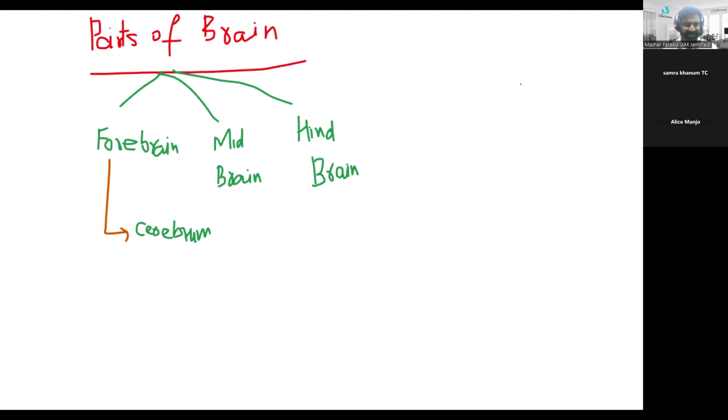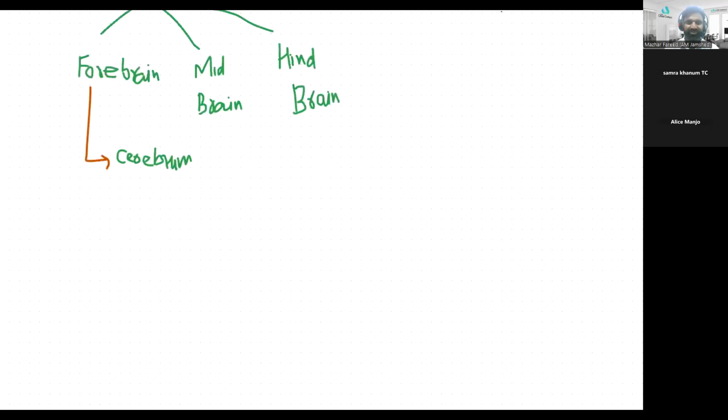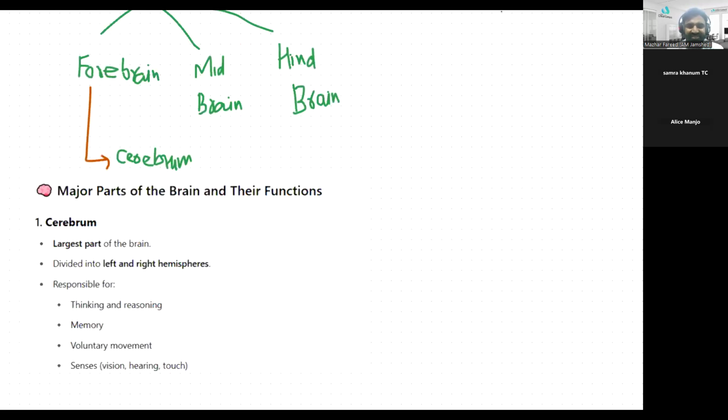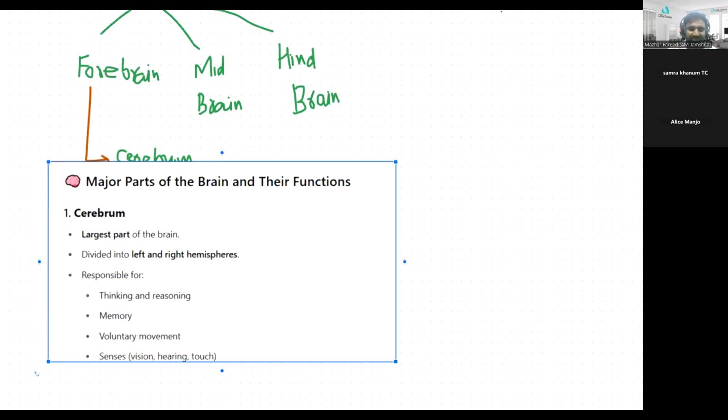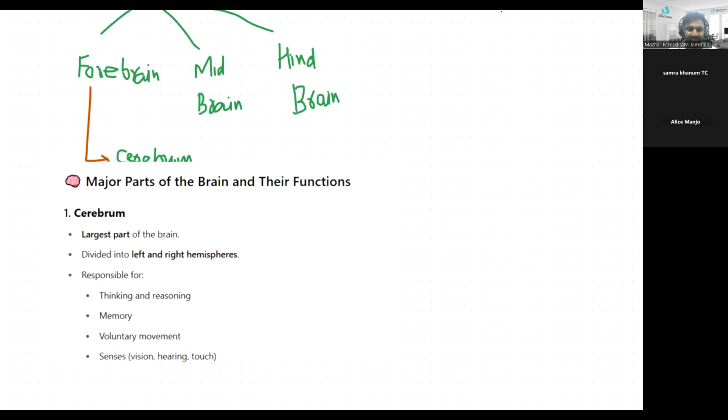It has two portions: the right hemisphere and the left hemisphere.